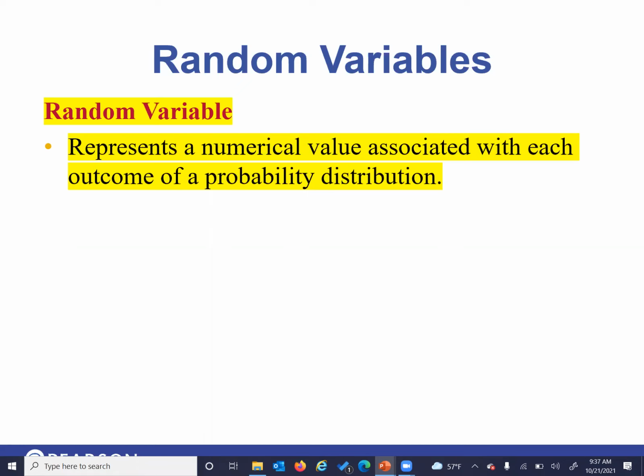What is a random variable? It represents a numerical value associated with each outcome of a probability distribution. So we want to see 3 phone calls made during the year, households with 2 children, or households with 3 cars. That's what we're looking at.